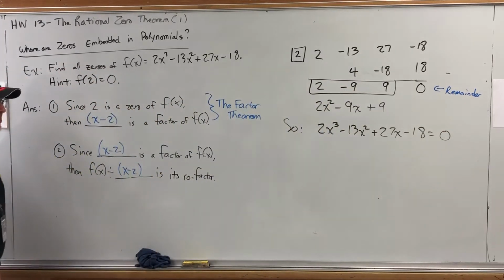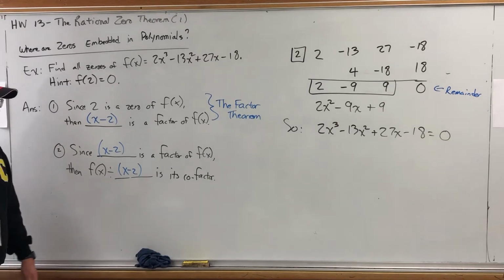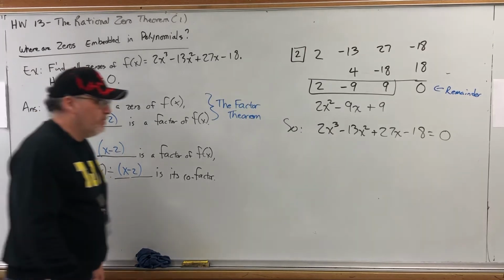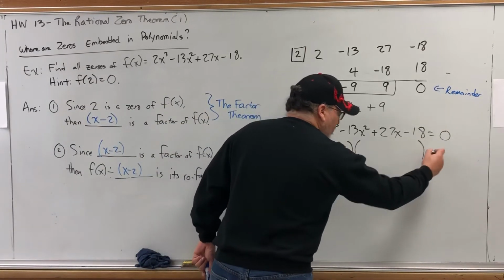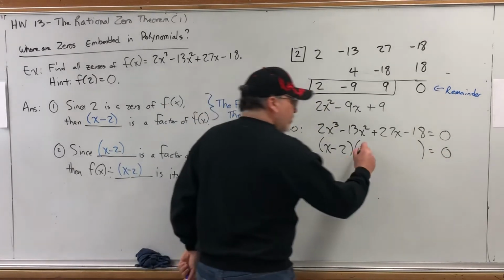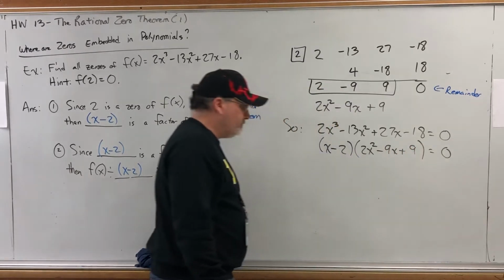But thanks to the synthetic division problem with the remainder of 0, we can factor this third-degree polynomial. One factor is the divisor, x minus 2. The other factor is the quotient from the synthetic division, 2x squared minus 9x plus 9.